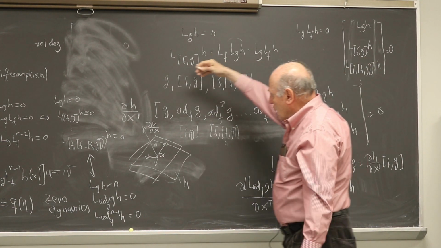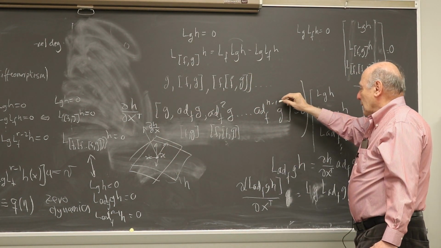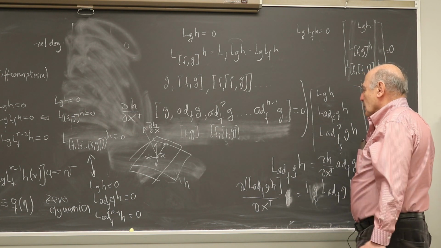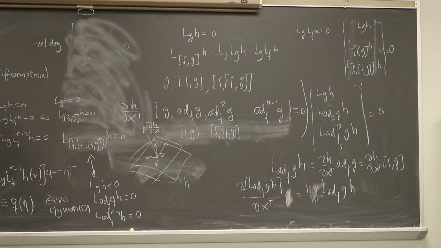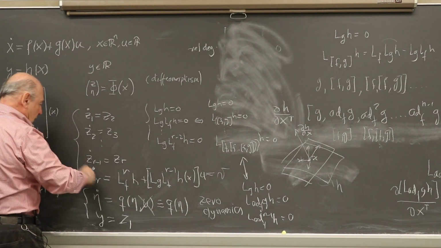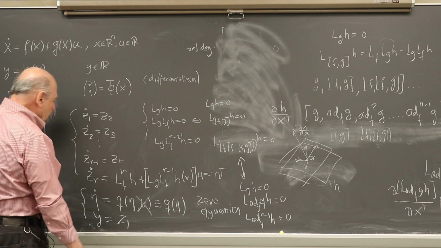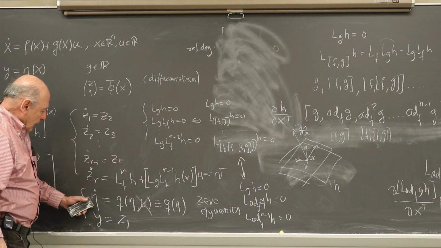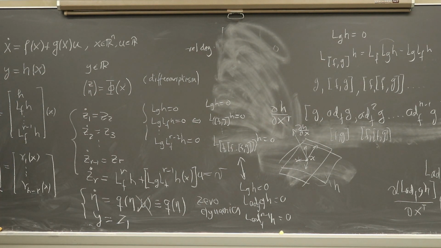Each one of these is a column vector being multiplied by a row vector, and giving a scalar partial differential equation which is first order. That means it's linear. So that will allow us to replace this partial set of conditions by something that spans the whole space and really annihilates the presence of the zero dynamics. This is what's called exact linearizability, and that is the basis of flatness for this special case of systems.